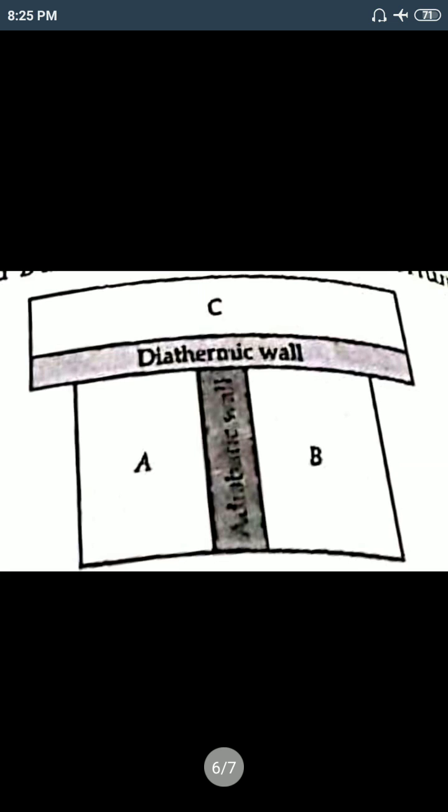That means if temperature is constant in all 3, we can say that all 3 are in thermal equilibrium. So the zeroth law of thermodynamics implies that temperature is a physical quantity which has the same value for all systems which are in thermal equilibrium with each other.